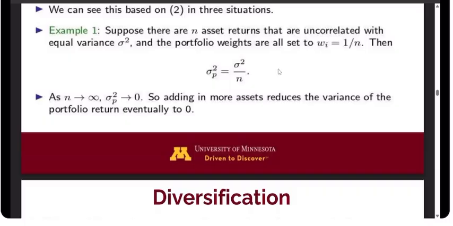Why sigma squared over n? Because for each asset, you're going to have constant variance, equal variance, and equal weight. If there's equal variance and equal weight, the variance of the portfolio is going to be this.